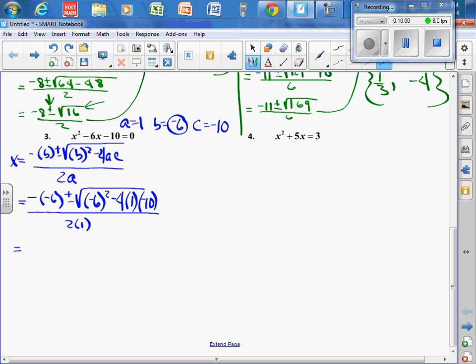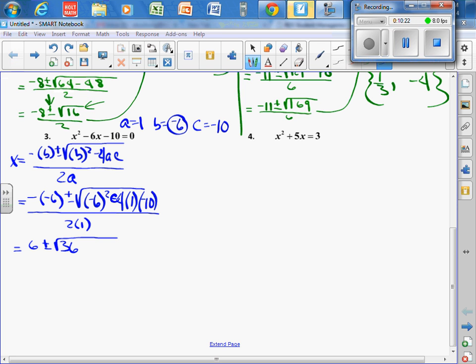Now that double negative makes that a +6, plus or minus the square root of, now -6 squared, what do you get? If you're writing down -36, you need to be careful here, because you know that -6 squared is +36. You're going to have -4 times 1 times -10.